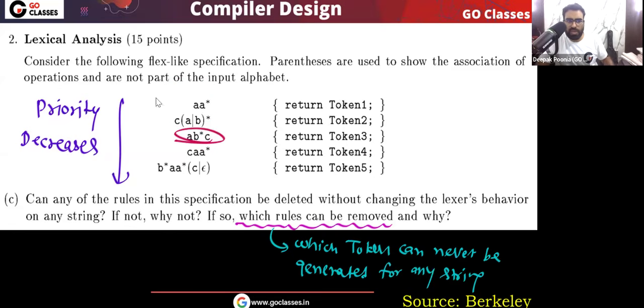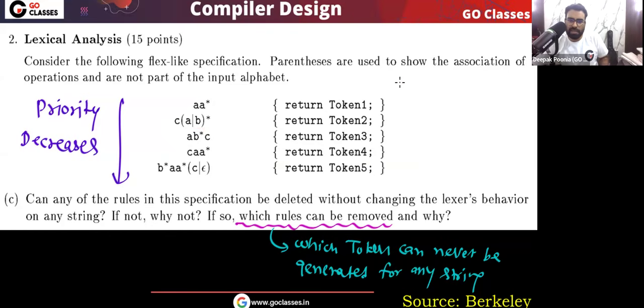No, this is not subset of any of the above rules. Okay, look at this. Is this subset of any of the above rules? This C, A star. Is this subset of any of the above rules? This CAA star. Is this subset of any of the above rules? Yes. This CAA star, this is subset of this rule. Okay, is this clear?